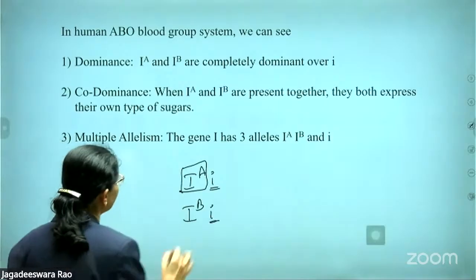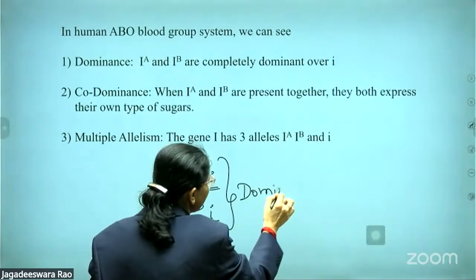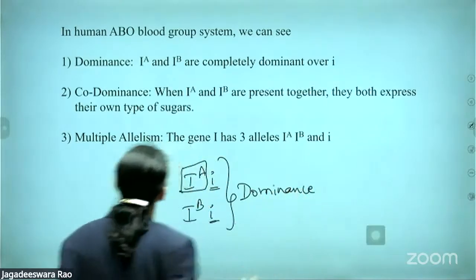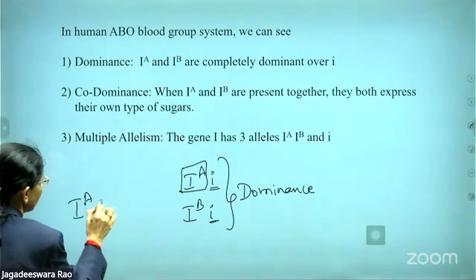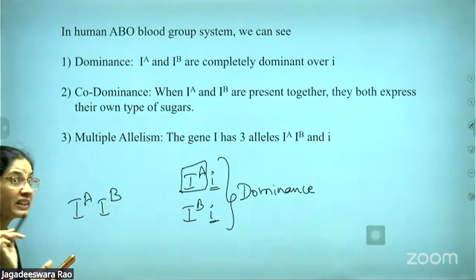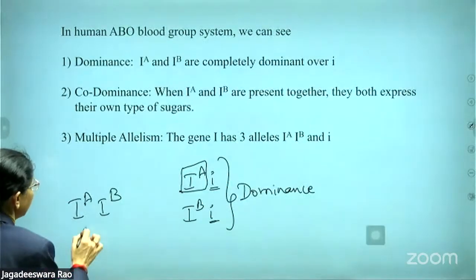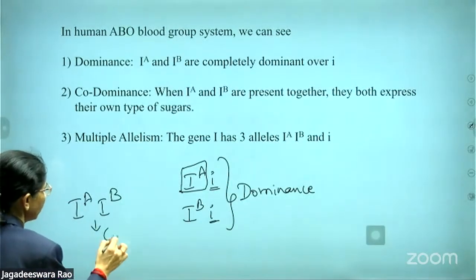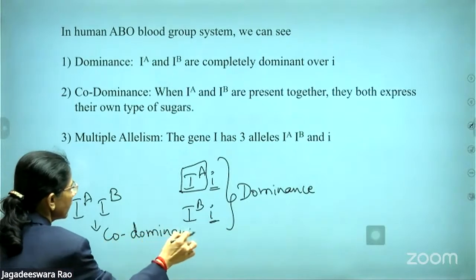This is called dominance. Now, if IA and IB both are present, both are able to express equally, that means it is showing codominance.